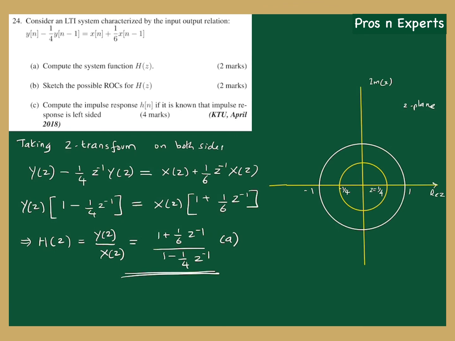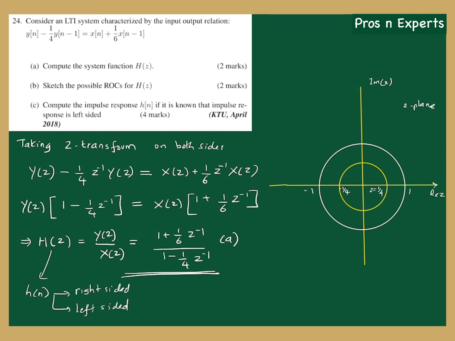There are two conditions. Either the signal, meaning the inverse transform h of n, may be right-sided or it is left-sided.